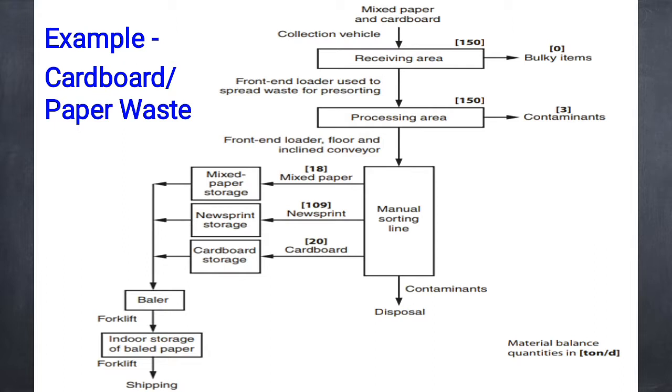Later on they all will be sent to the baler, where it cuts the material into smaller divisions. Through forklift it will be sent to the indoor storage of baled paper. Everything will be cut into pieces and then sent for another indoor storage. Through forklift it will again be sent for shipping.